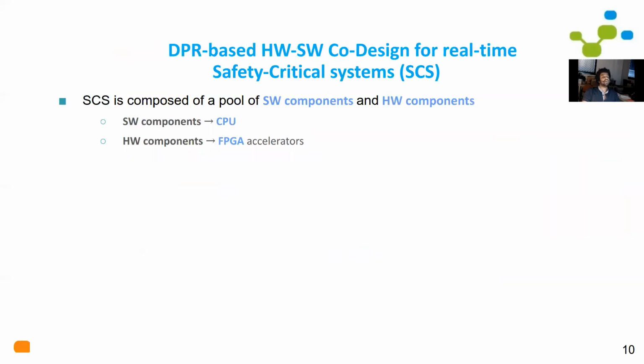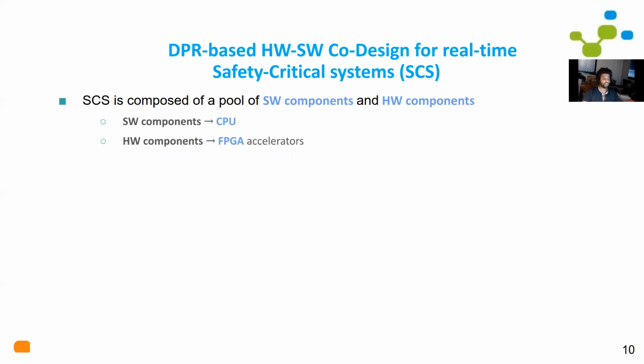Okay, now that we discussed dynamic partial reconfiguration on its own, let's discuss it in the context of hardware software co-design in real-time safety critical systems. Safety critical systems are composed of software components and hardware components.